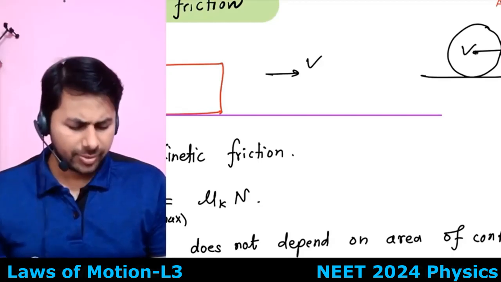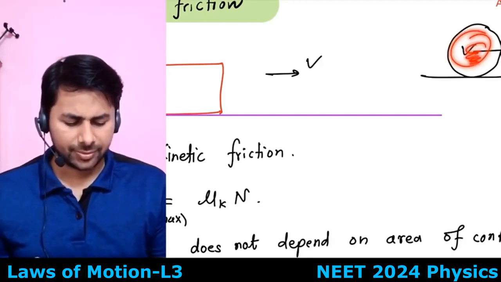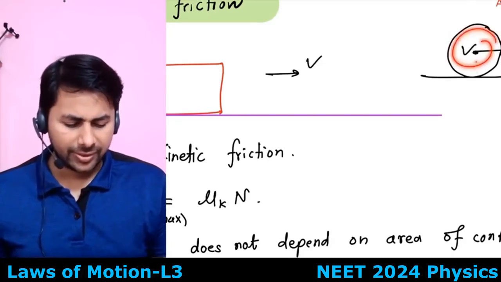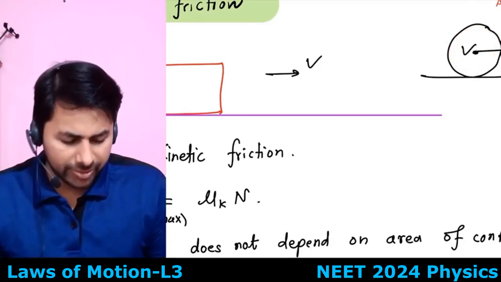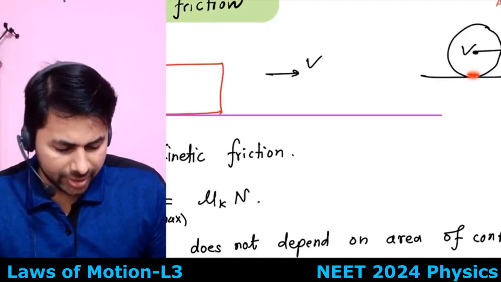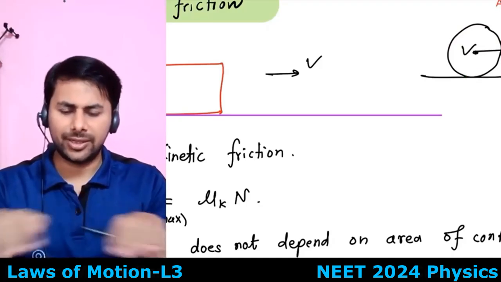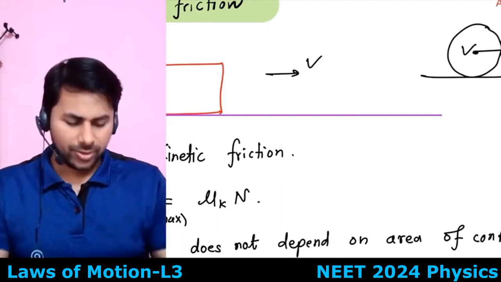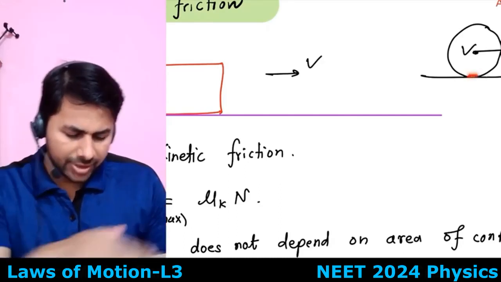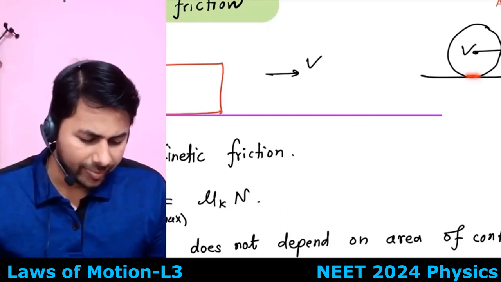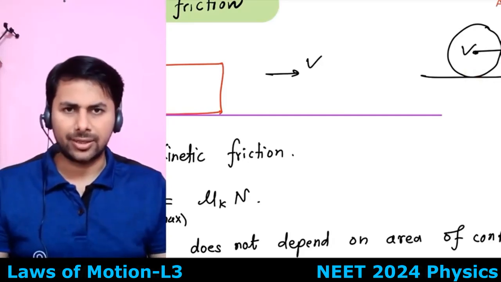Why? Because there will be some weight, and because of that there will be some pressure on this portion, and the portion gets deformed. It becomes a little bit flat, and that's why there is more region in contact.